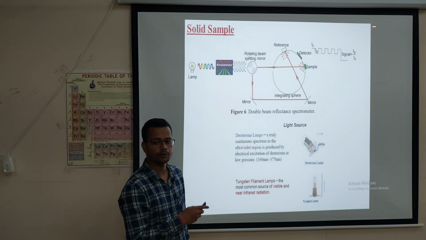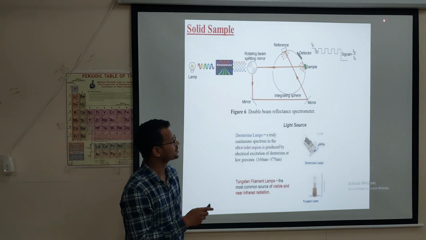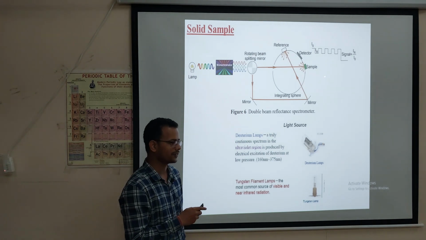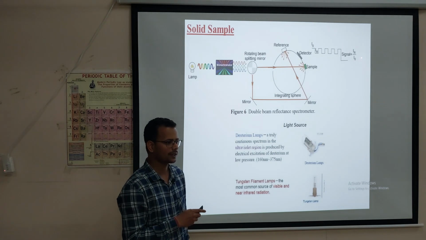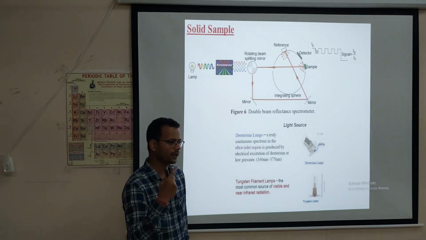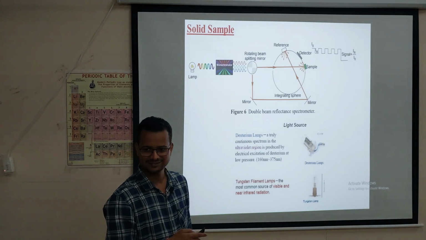Okay, it is just for the sake of example. We may not get the same type of graph everywhere. This is here only as an example that we will get a graph. Clear? Any doubt? No doubt. Okay.